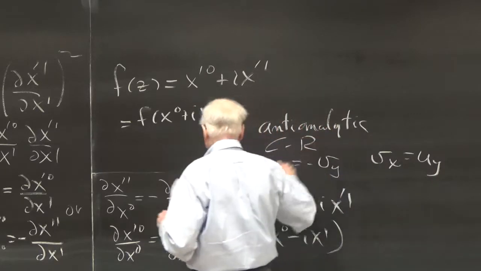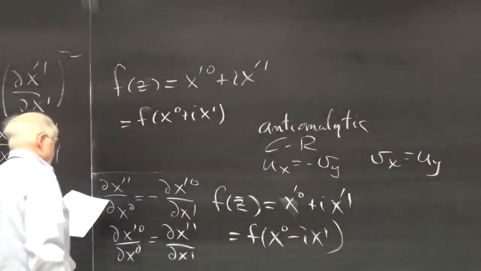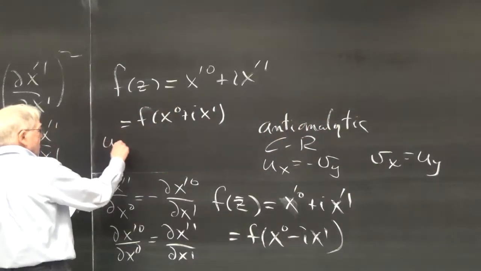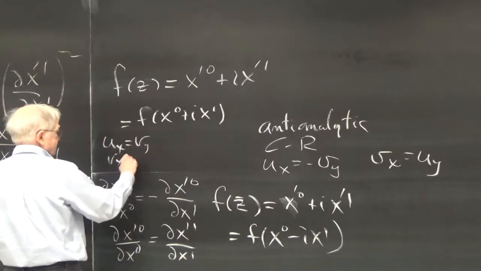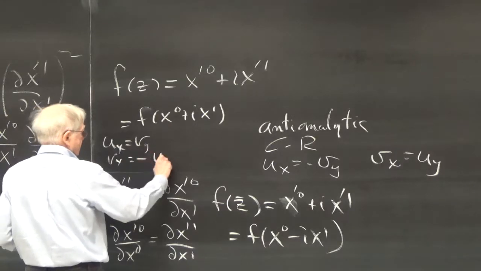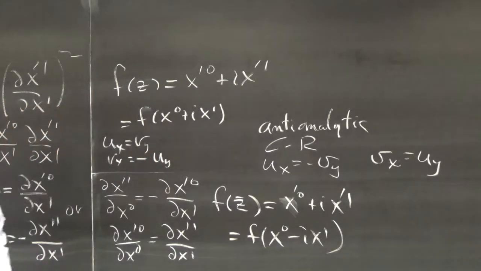So these are the opposite of the Cauchy-Riemann. The Cauchy-Riemann are u sub x equals v y and v sub x equals minus u y. And I'm using subscripts to indicate differentiation without the comma.